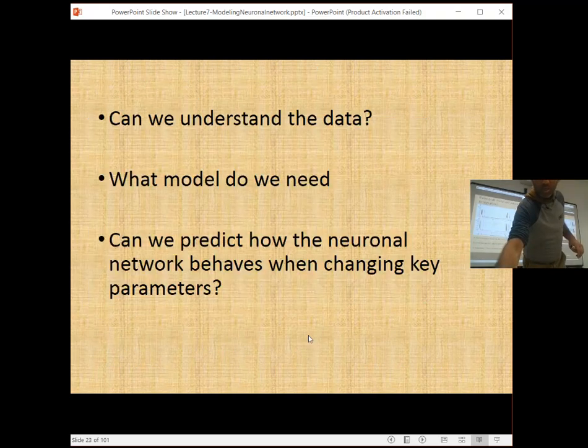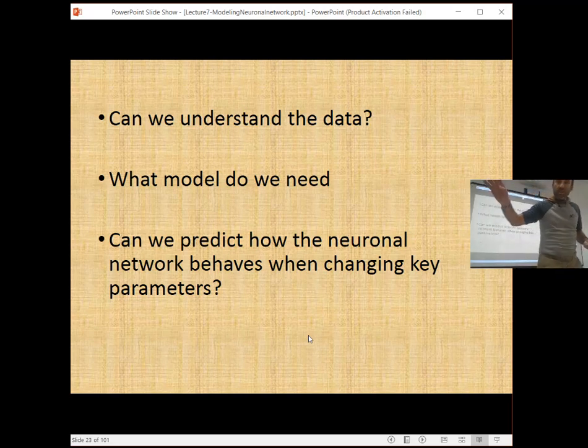What we did is we said, so can we understand the data? What model do we need to use? And can we predict how the neuronal network behaves when changing key parameters? Because maybe those are due to the fact that you have many connections, and if you have a different neural network, maybe the pattern that I showed you is going to be a little bit different.